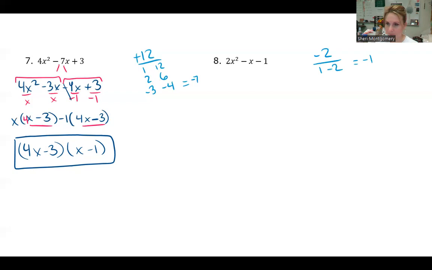Negative 2 plus 1. Okay, so we are ready to split it.